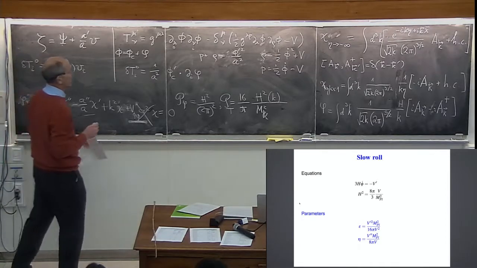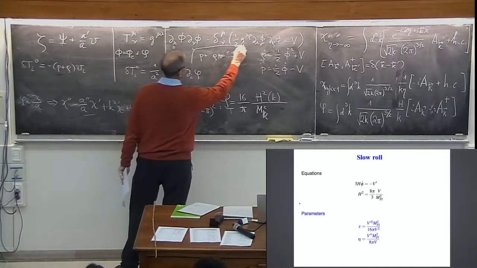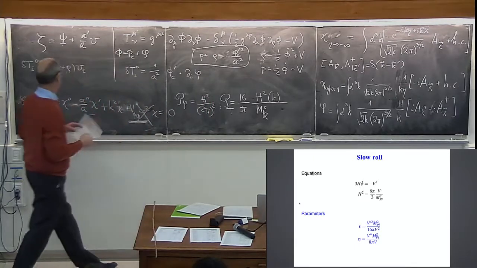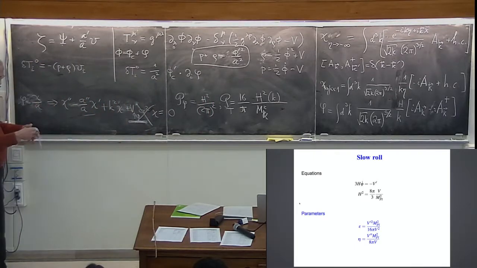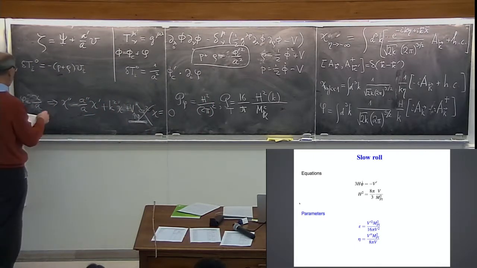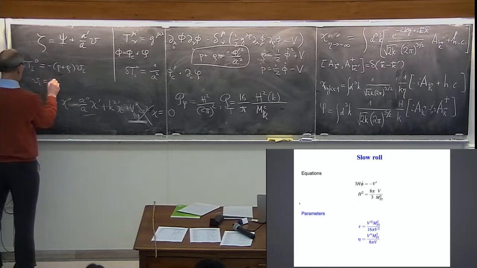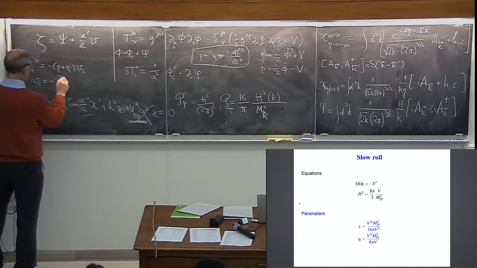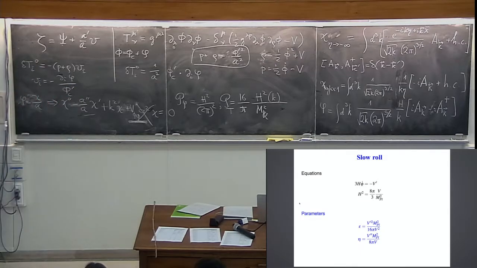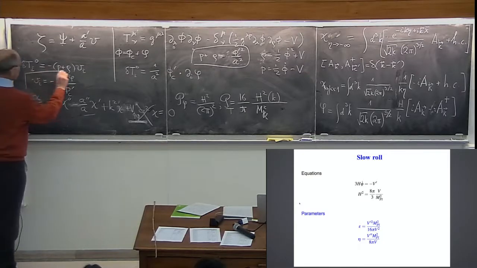So why did I need that? I need that to insert in here and figure out what the velocity is. So velocity V_i is simply minus d_i phi over phi classical prime. Okay? So I'm in business.